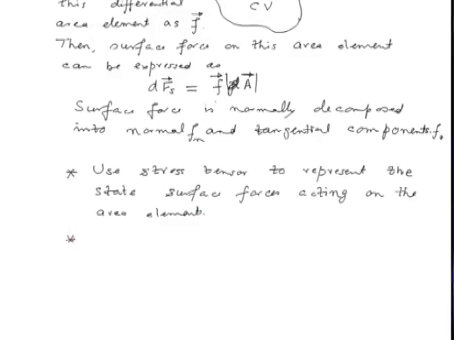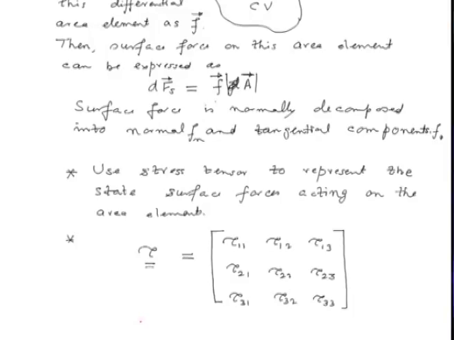Now, this stress tensor tau in 3D Cartesian components is given by a 3 by 3 matrix, and we can represent it as tau is equal to tau 1 1, tau 1 2, tau 1 3, tau 2 1, tau 2 2, tau 2 3, tau 3 1, tau 3 2, tau 3 3. So, the stress tensor has 9 components.